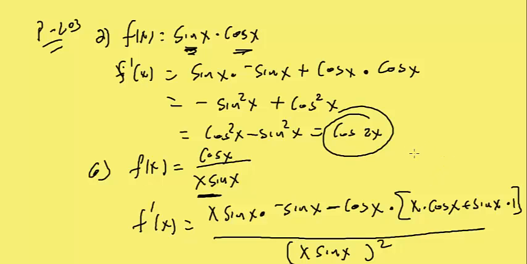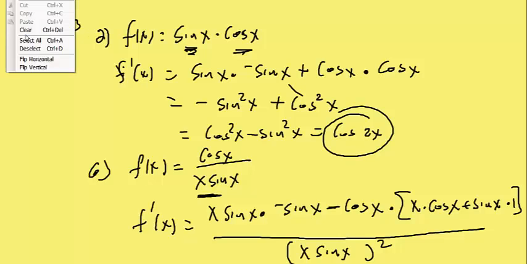Okay. So let's jump to number 10. So number 10, I have f of x is equal to secant of x, all that over 1 plus tan x. Sometimes it's easy to simplify first and then take a derivative, but I think in this situation we'll just take the derivative as is, use a quotient rule.